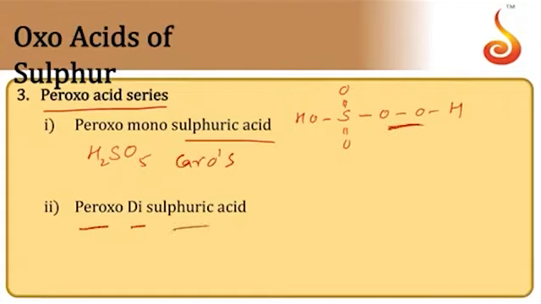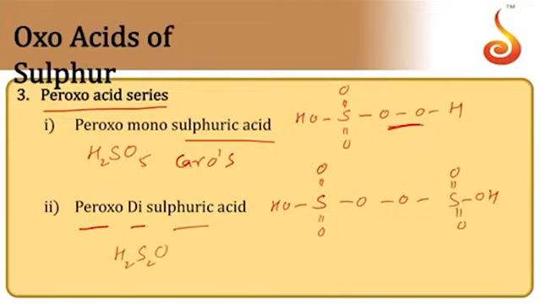Peroxodisulfuric acid means it must have two sulfonic groups, but it has only one peroxy bond, as in the case of Caro's acid. So two sulfonic groups, SO3H groups here, one peroxy bond here, and one more sulfonic group. This is H2S2O8.